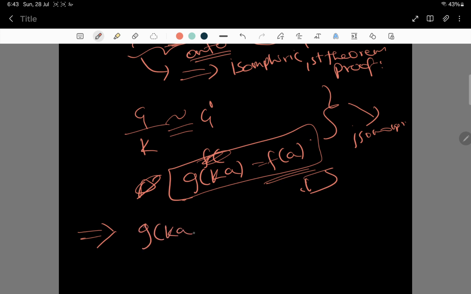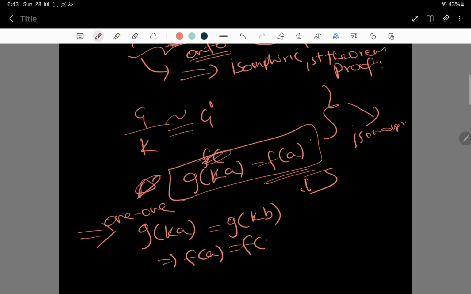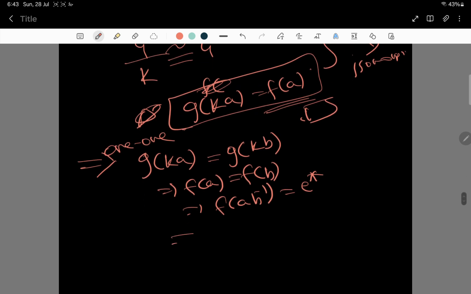Let us show first that this is a one-one function. g of Ka is equal to g of Kb, right? This implies f of a is equal to f of b. This implies f of ab inverse is equal to e star. This implies ab inverse belongs to K. This implies Ka is equal to Kb.